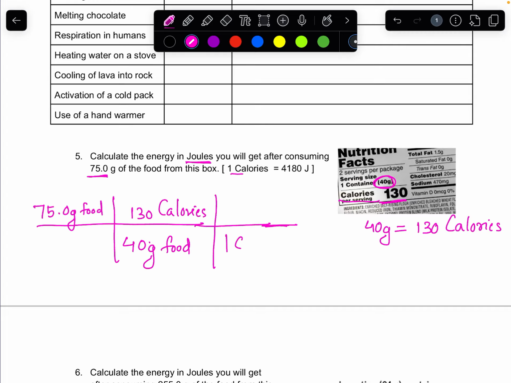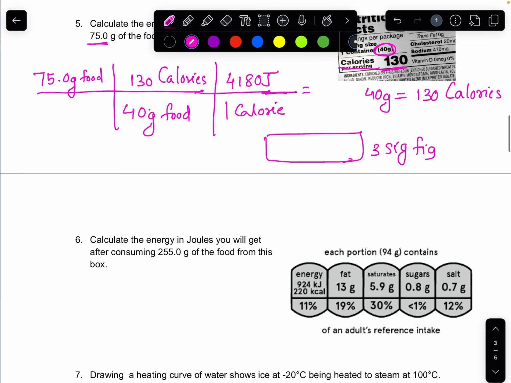So I'm going to convert. The conversion factor is given there. 1 big calorie is equal to 4180 joules. Then multiply everything and write the answer in 3 sig figs. Okay, then same thing for the next question.